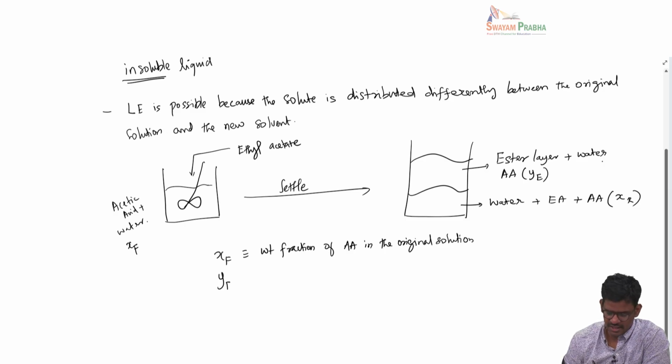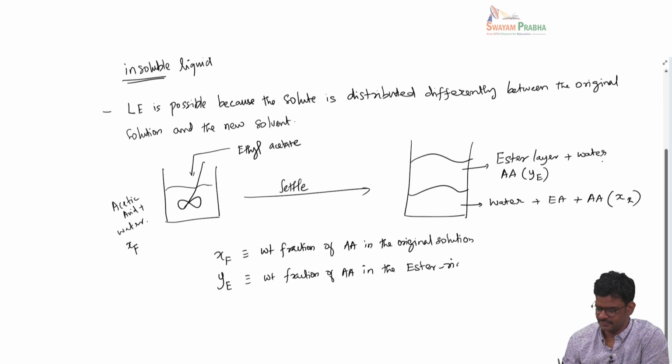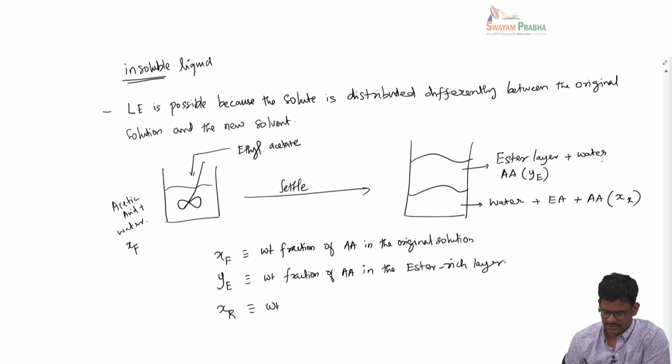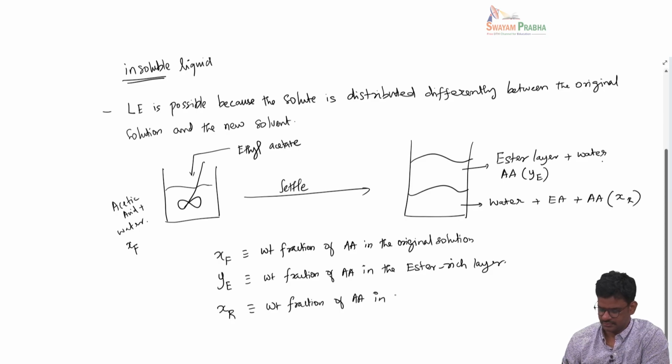And we say YE is the weight fraction of acetic acid in the ester rich layer, and XR is the weight fraction of acetic acid in the water rich layer.